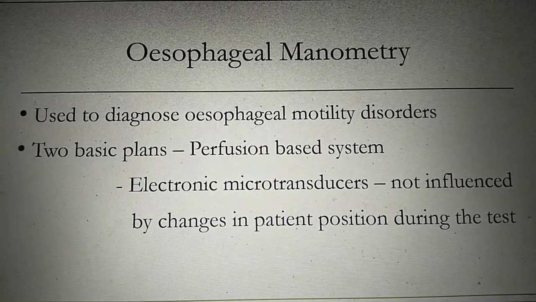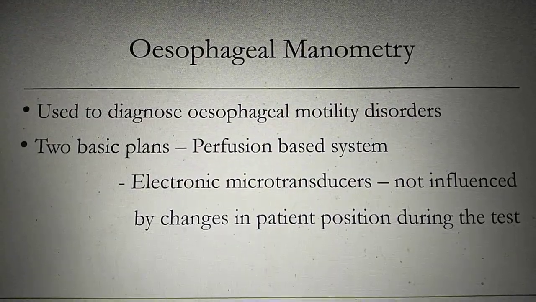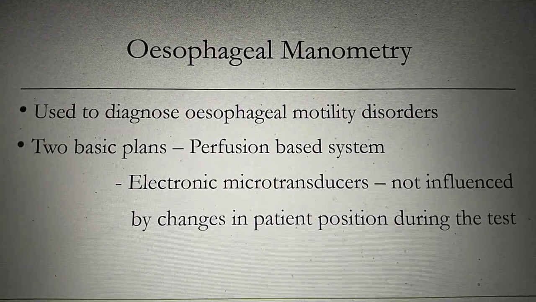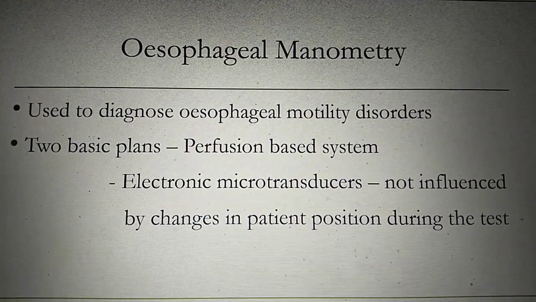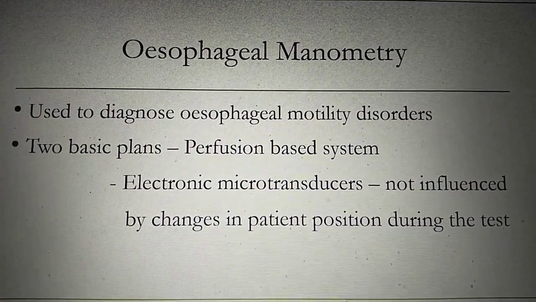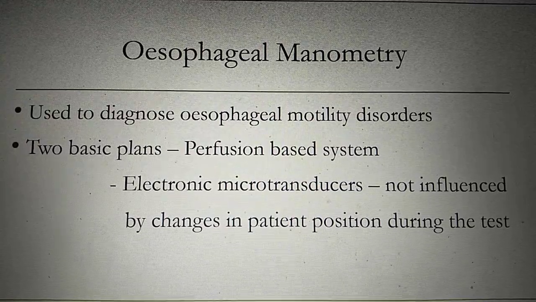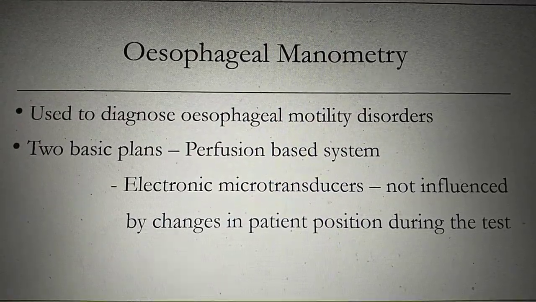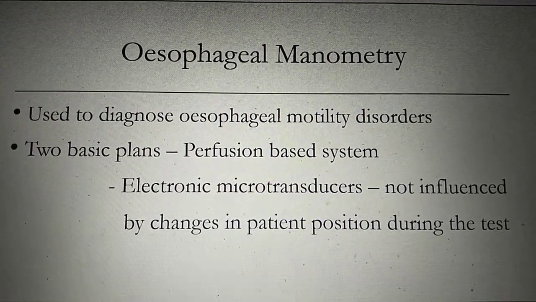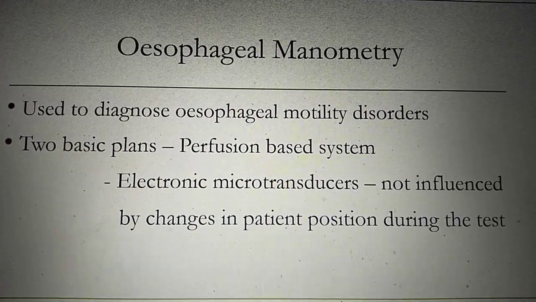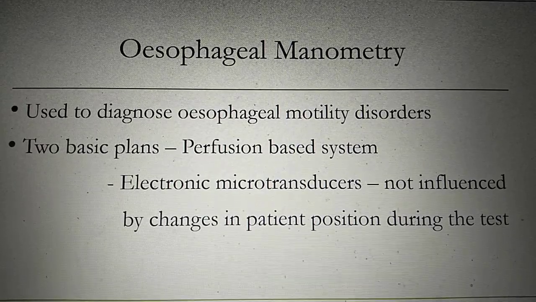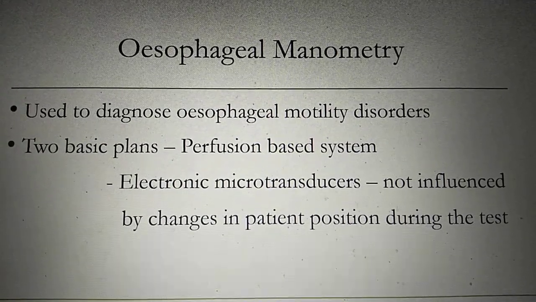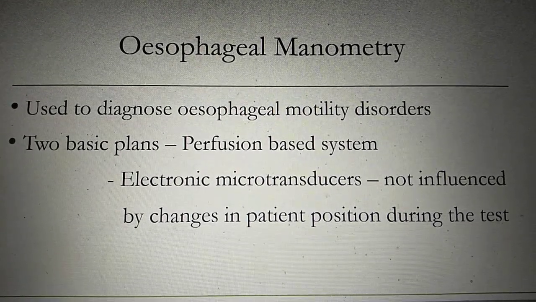The next investigation in management of esophageal disorders is esophageal manometry. This esophageal manometry is basically used to diagnose various motility disorders of the esophagus. There are two basic ways we can measure the pressure inside the lumen.